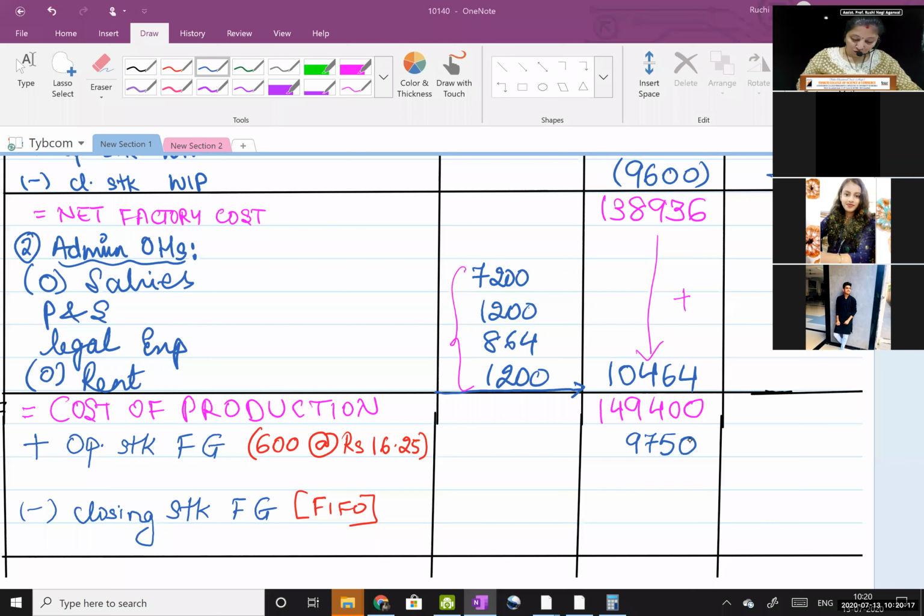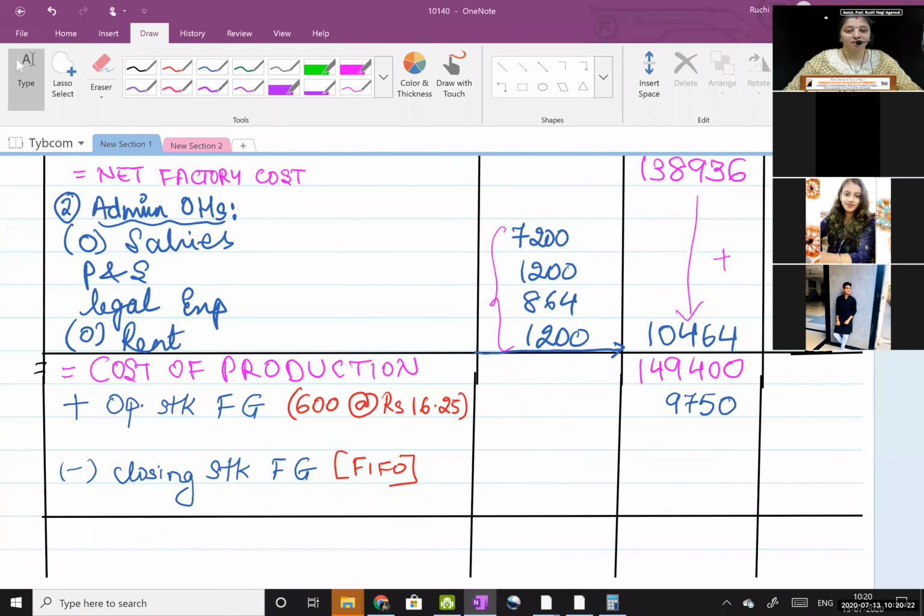Next, closing stock of finished goods. Now, this is the twist in the question. Okay? Now, pay attention. Listen carefully to whatever I'm saying and see the calculations I'm doing on screen and even over the calc. Okay? Pay attention. Now, closing stock of finished goods. Correct? Now, let us go back to the question.